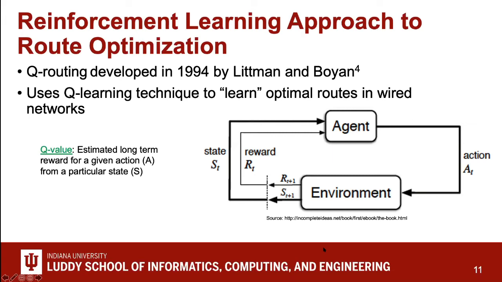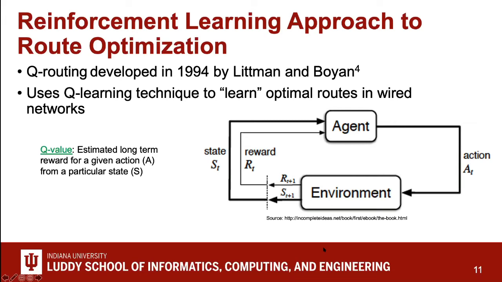In the Q routing algorithm, the agent, as it takes actions, its ultimate goal is to maximize the reward given over a long period of time. That long-term reward is known as the value.